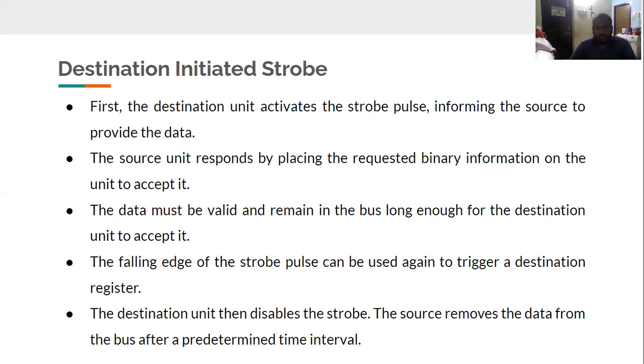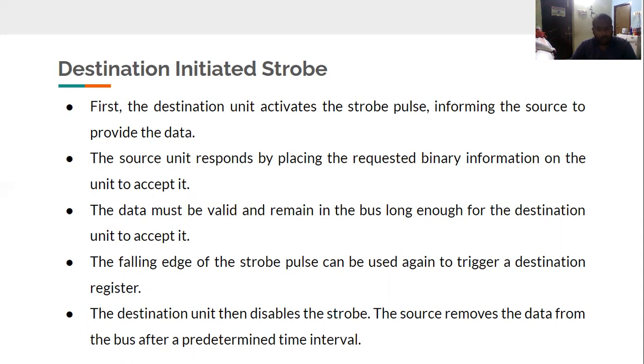The falling edge of the strobe pulse can be used again to trigger a destination register. So if we have to trigger a destination register again and again, we can use the falling edge of the strobe pulse to trigger the destination register.